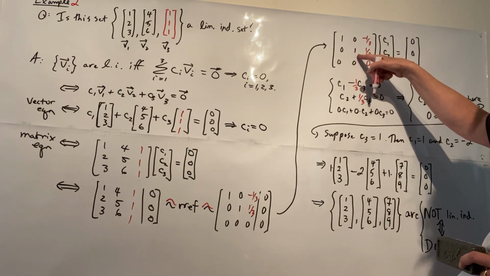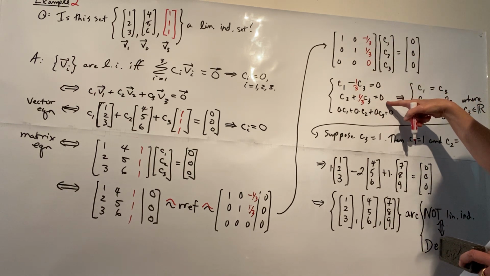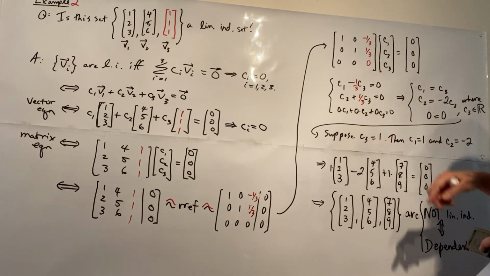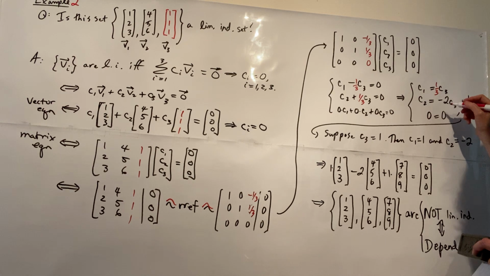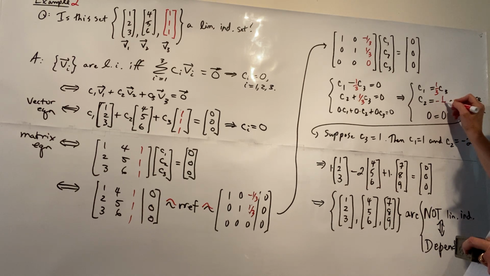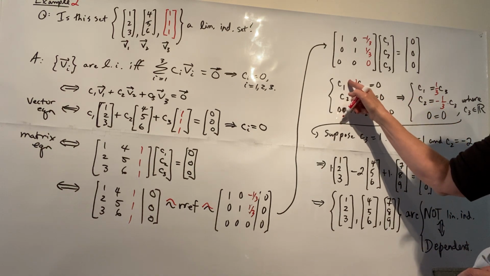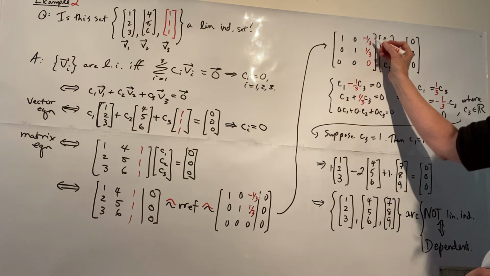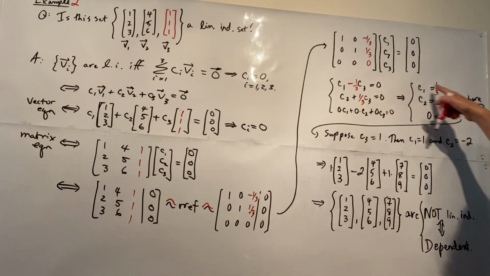C2 plus 1/3 times C3 is equal to 0. And again, 0 is equal to 0. So now we just have this and this here. That minus came along with that 1/3 there, so that becomes a positive 1/3 here when you add it to the other side.